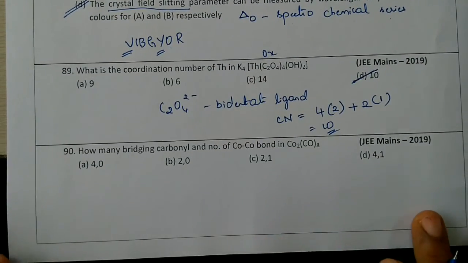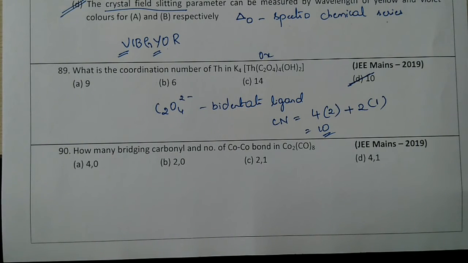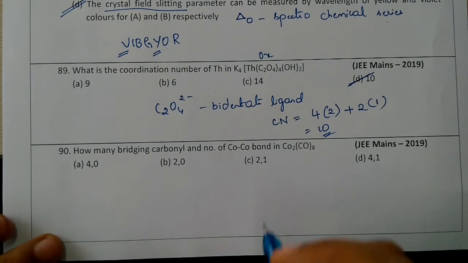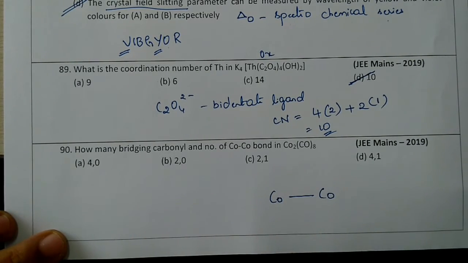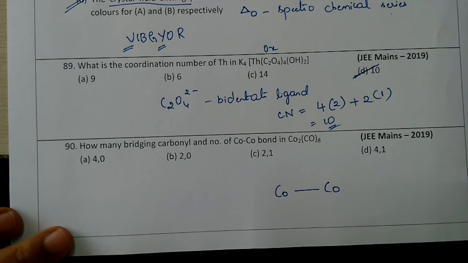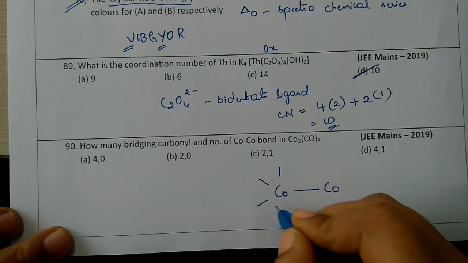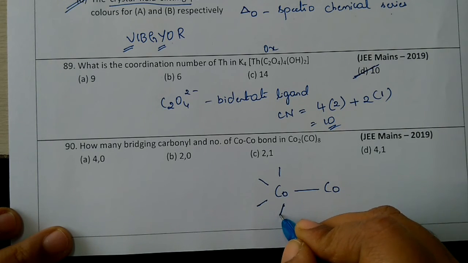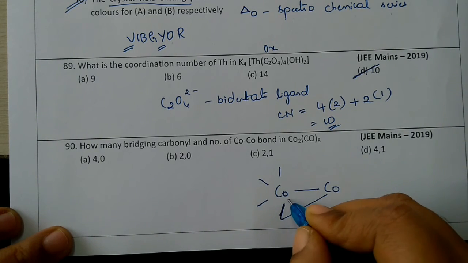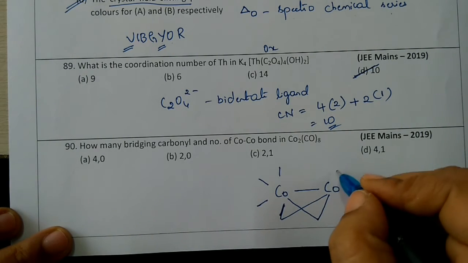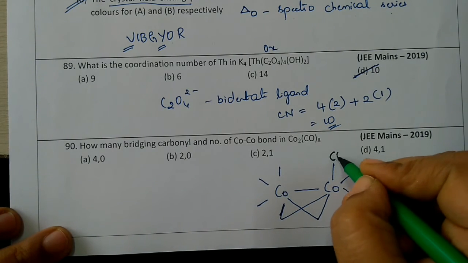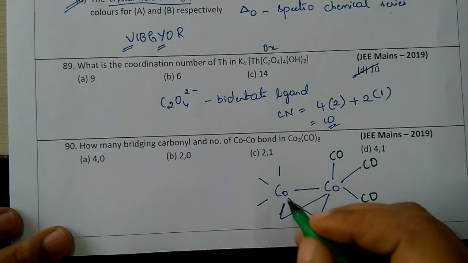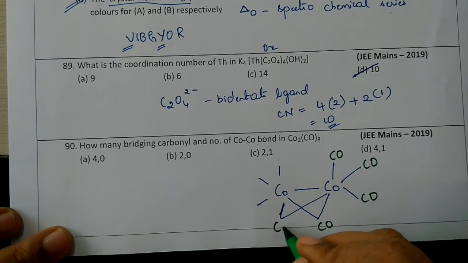Next one. How many bridging carbonyls and how many Co-Co bonds are there in the complex? So we need to write the complex structure here. We'll try to write it. So it is cobalt bonded to cobalt here. Next, we need carbonyl groups, so we'll write those also. Here carbonyl, here also carbonyl, 2 common carbonyl groups.